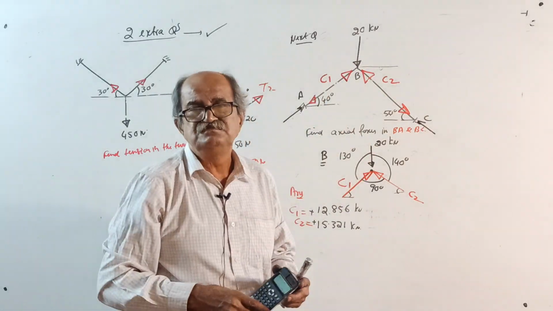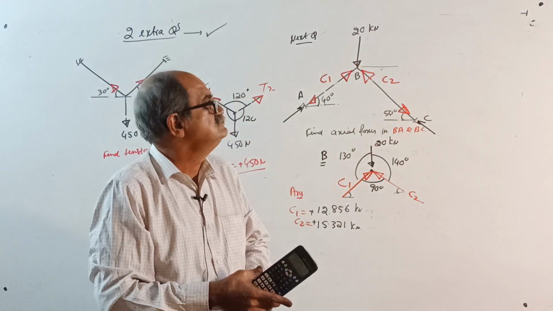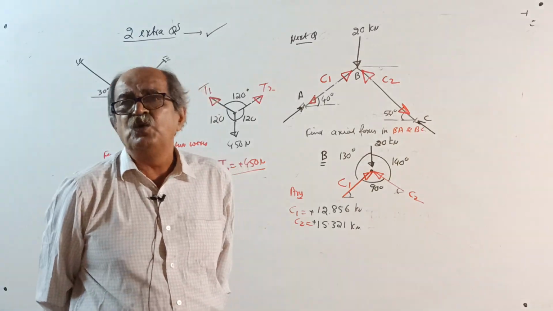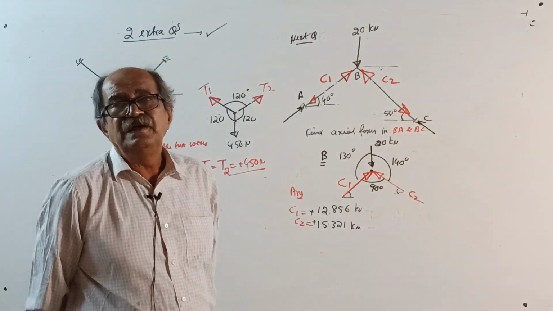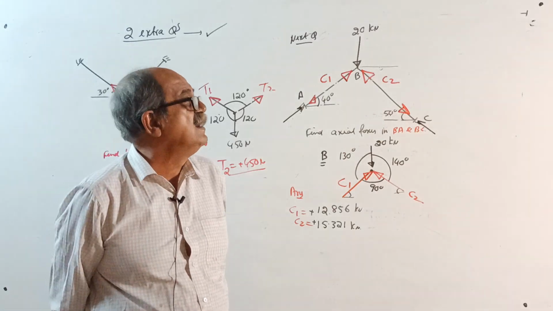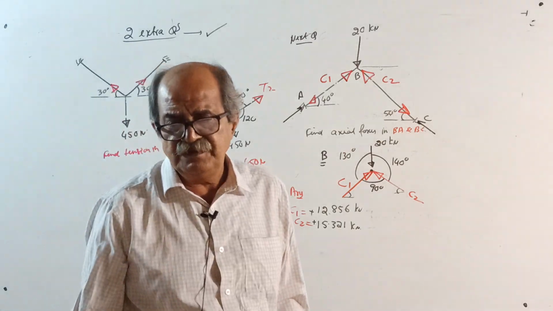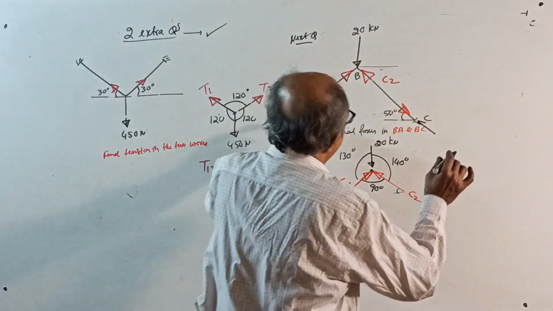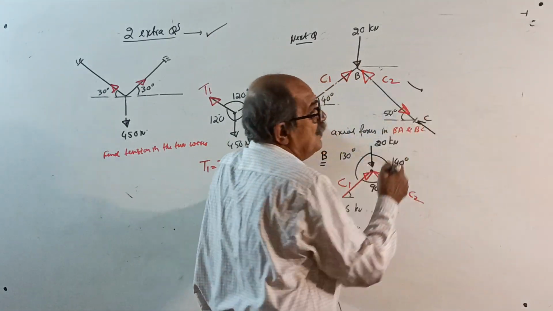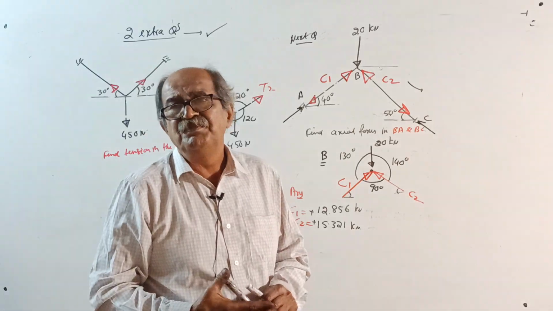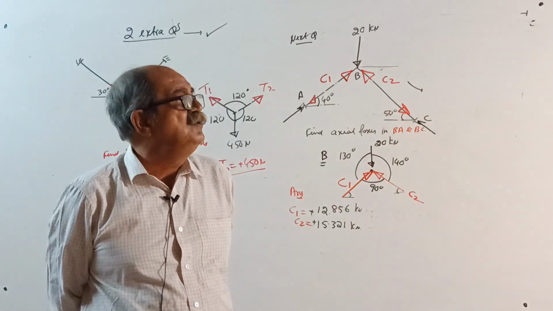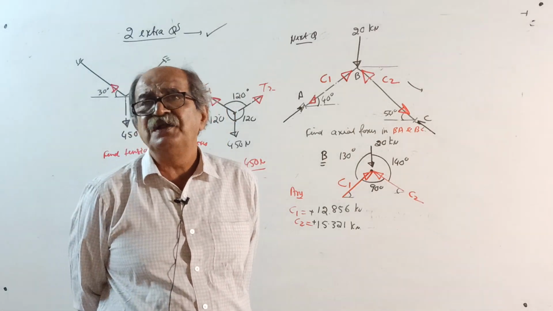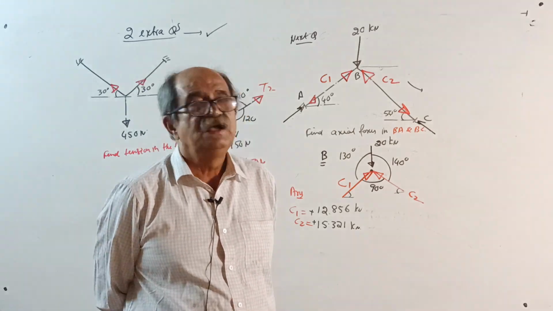Okay, solve it. I think that is sufficient. Further questions, I will write in the notes. And one small, very important note you have to make. So far, when you apply Lami's theorem, we got positive answers for the unknowns.